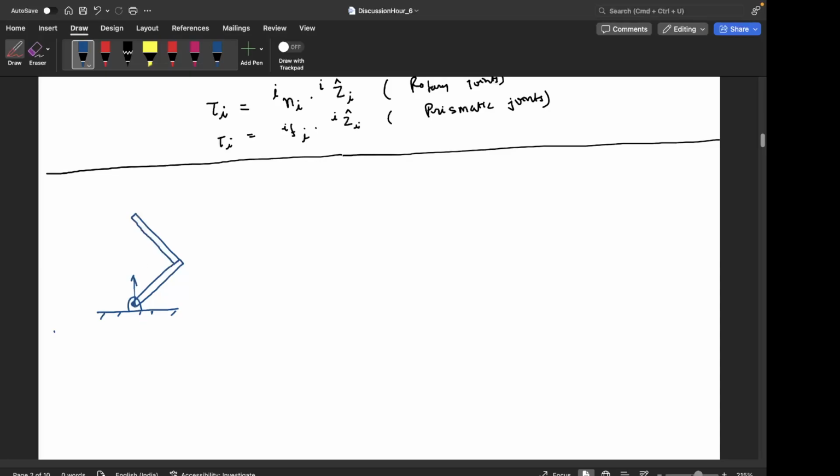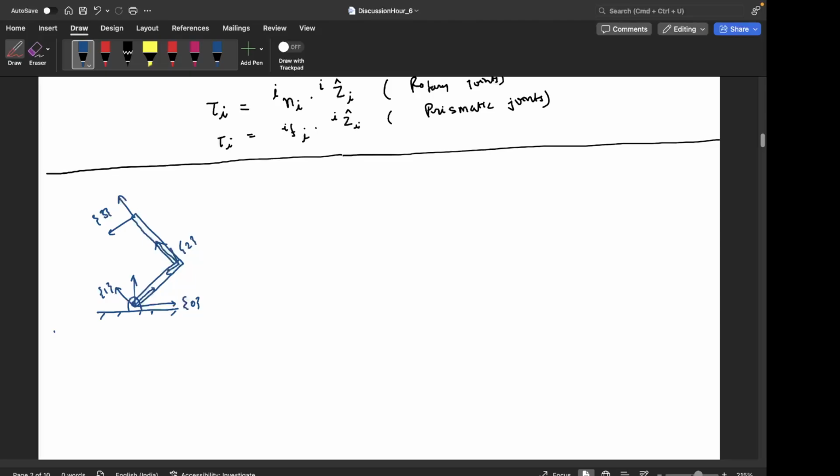Let's assign the frames. This is the 0th frame, then this is the first frame, then this is the second frame, and this is the third frame.